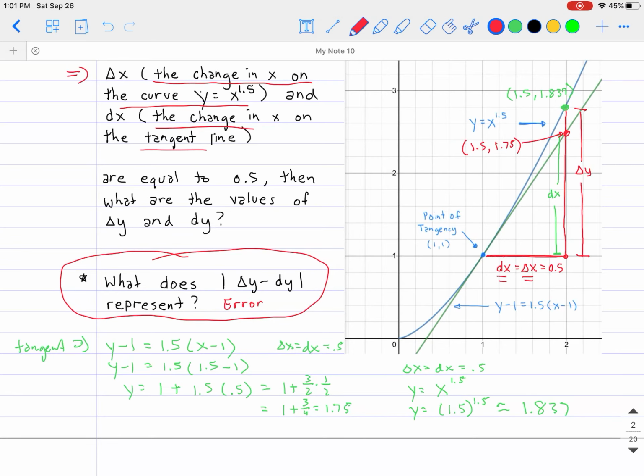So it tells you how much of an error you actually have. And if you make that right triangle smaller, closer to x equals 1, then you can see that the error is going to be smaller and smaller too, because your tangent line is going to be so much closer to the curve in that case.